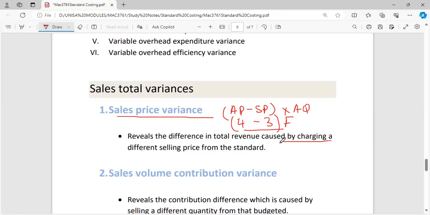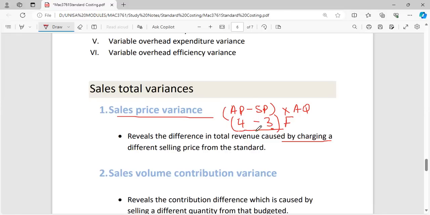I think it is becoming favorable because now we are talking of sales. If we had budgeted to sell at 3 rand and then managed to sell at 4 rand, it is to our advantage. We're going to get an extra 1 rand per unit. So it is favorable, that's 100% correct.